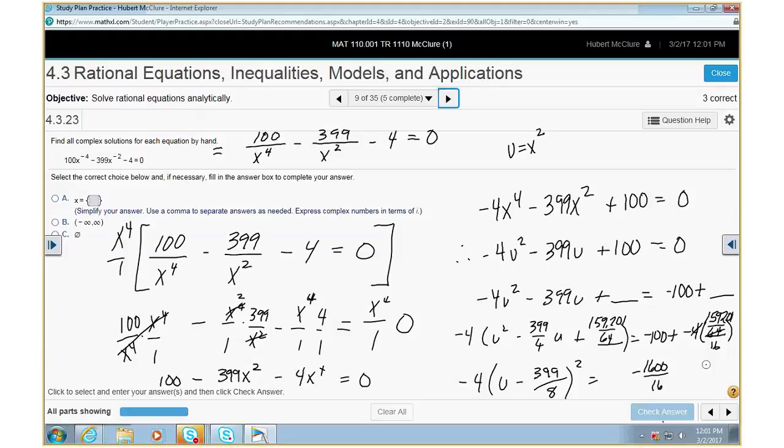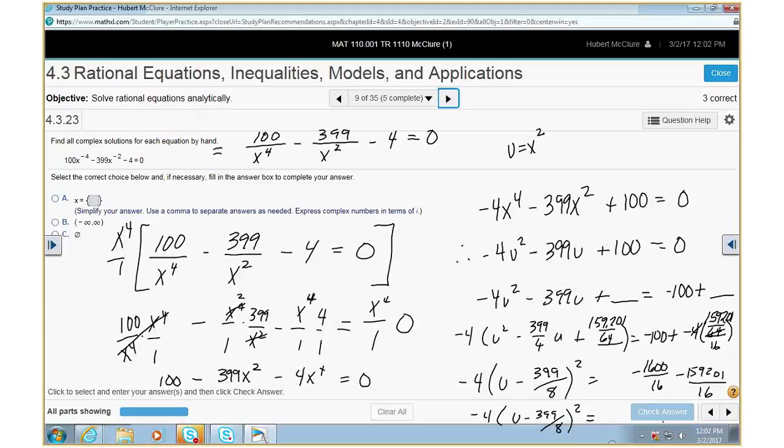This is a negative, right? I can't remember. Yes, it's a negative. Negative 159,201 over 16. That's going to give you negative 4 times u minus 399 over 8 quantity squared is equal to negative 1600 minus 159,201, which is 16801?